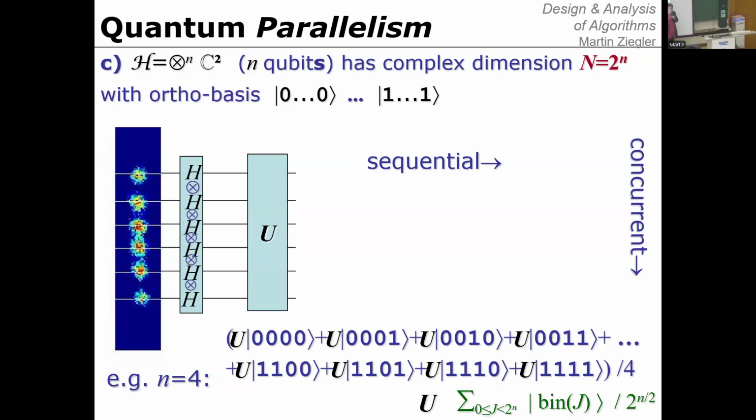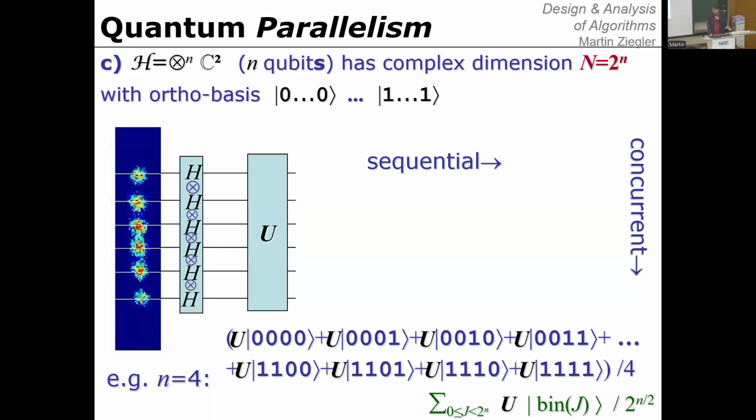And that's quantum parallelism. Not 4 bits simultaneously, but 16 possible values of the qubits simultaneously. Or more generally, not n qubits, but 2 to the n possible values of these qubits simultaneously.